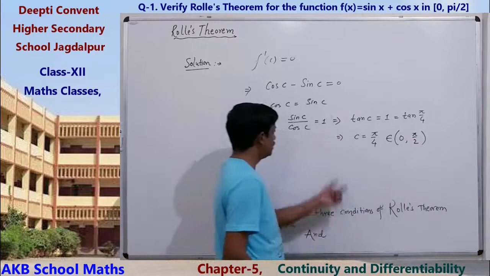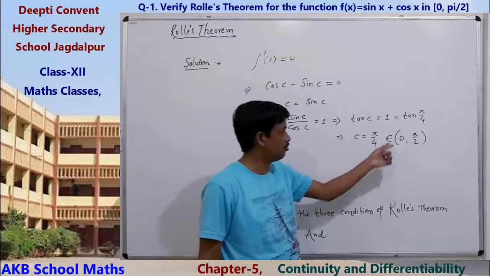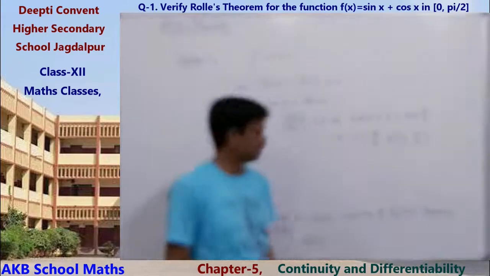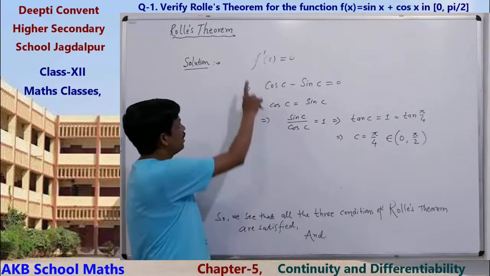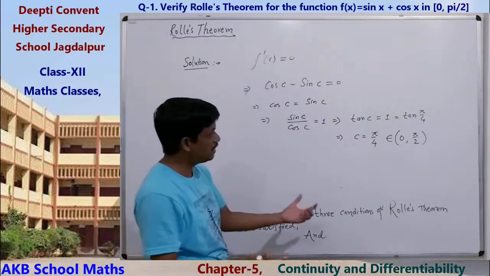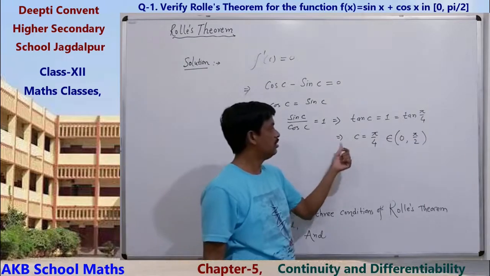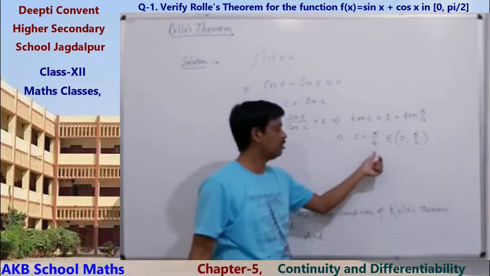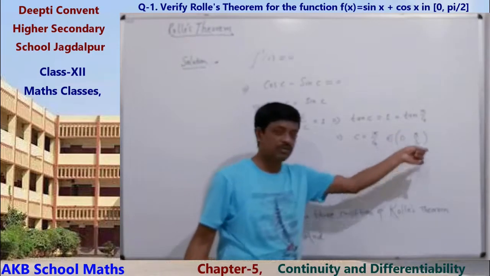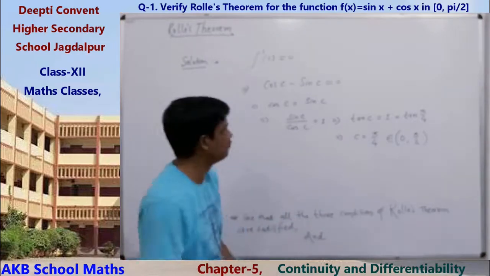We see that the value c equals pi by 4 belongs to 0 to pi by 2. That is, Rolle's theorem is verified.